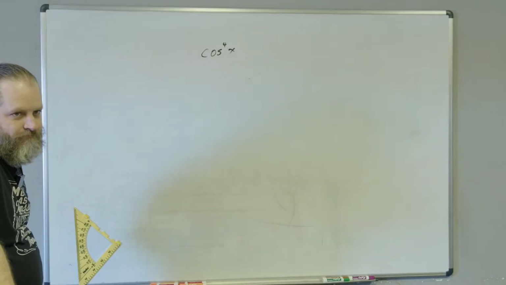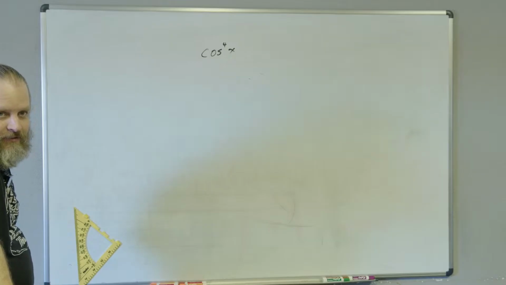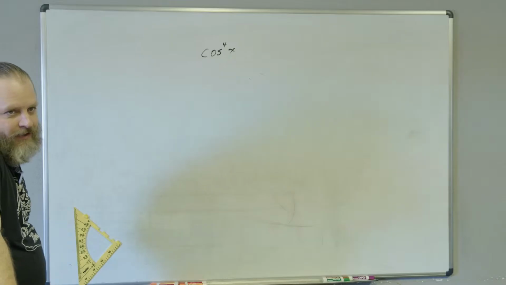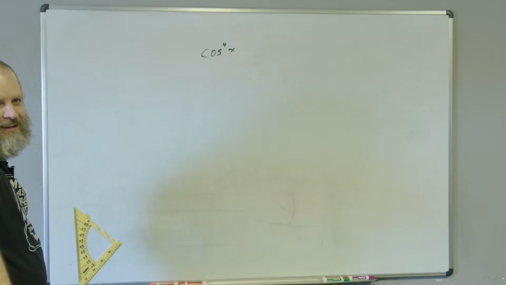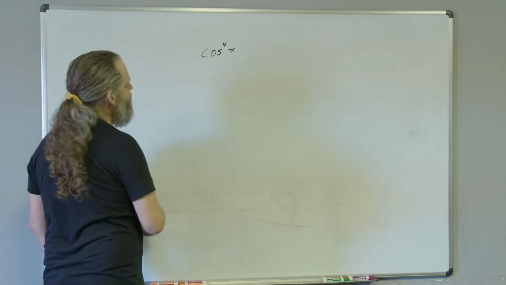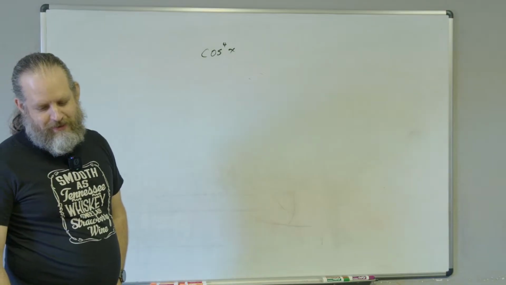Is it squared? Yes, it's squared. Think about it: if I said let u equal cosine squared, then I would have u squared. Yeah, exactly. Makes sense. Nope, can't do it all in one step.